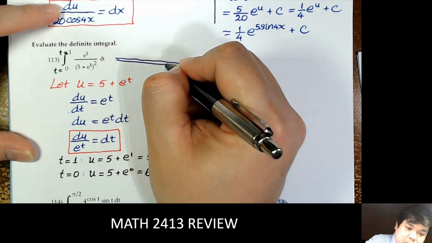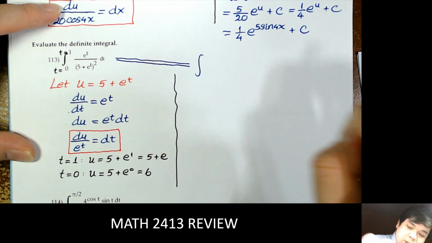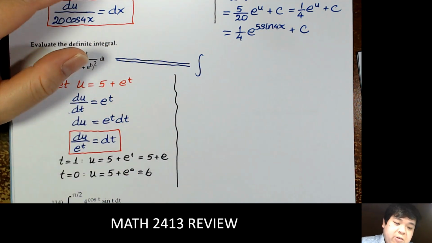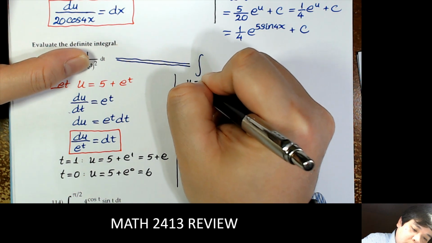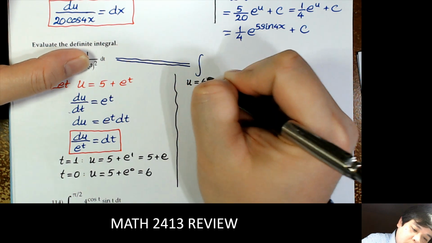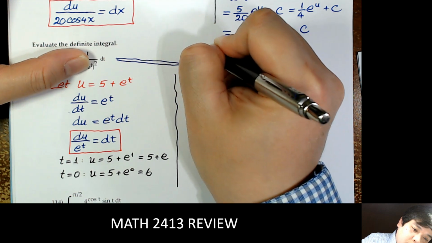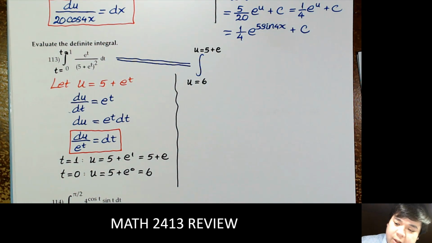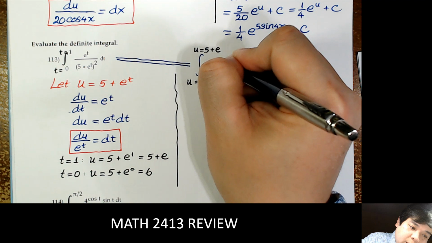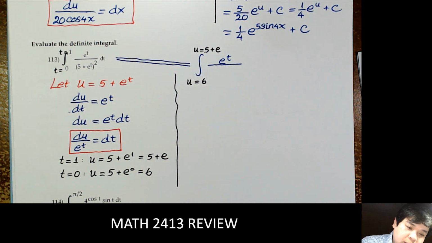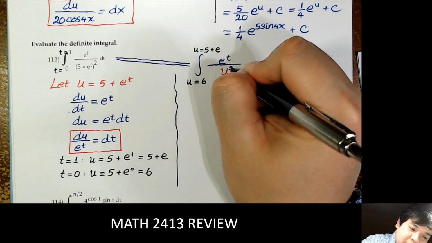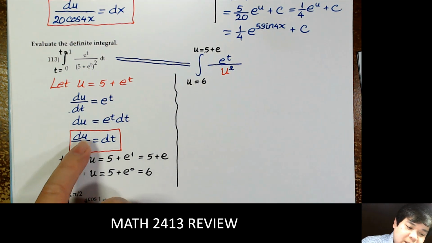Right, the integral will be equal to, we change from t equal to 0 to t equal to 1, to u equal to 6 to 5 plus e. e to the t is still there. 5 plus e to the t, that is u squared. dt is that.